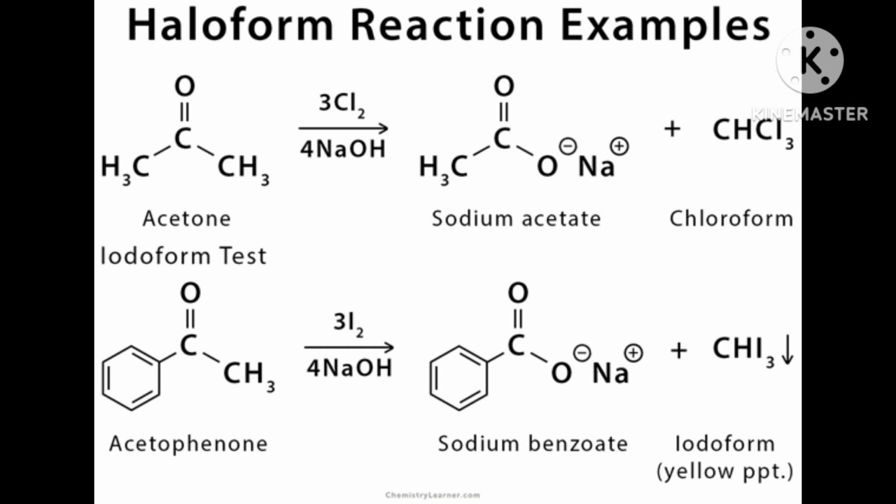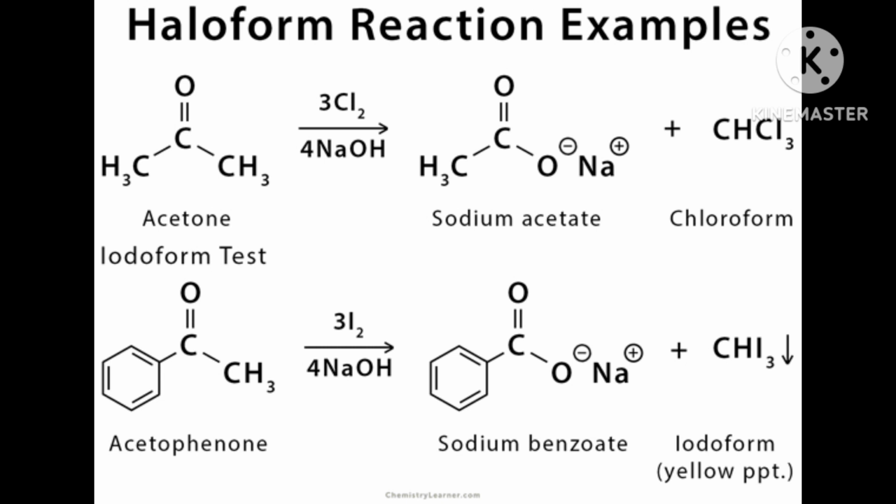CH3 will go as a negative, and NaO will also be negative, hence it can easily substitute in the place of CH3. The CH3 negatively charged will join with X plus, because O is negative, so X will be positive. Then this X positive will join with CH3 negative and form CHX3. X may be Cl, Br or I.